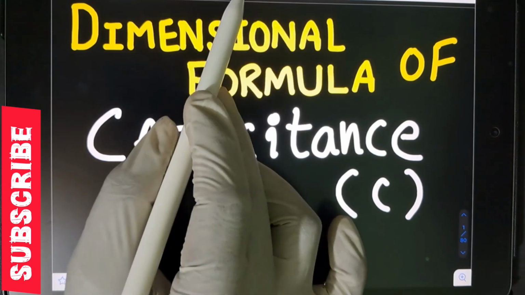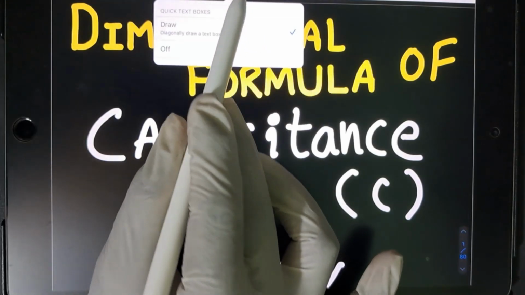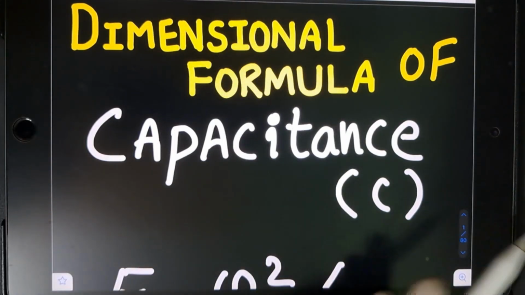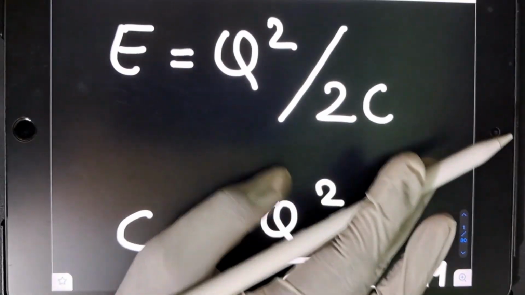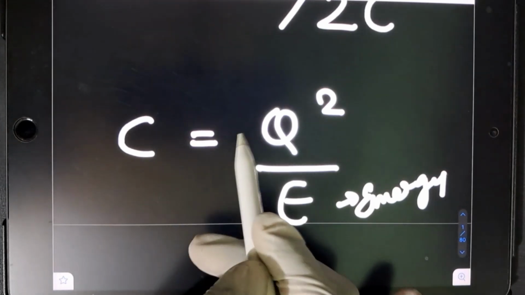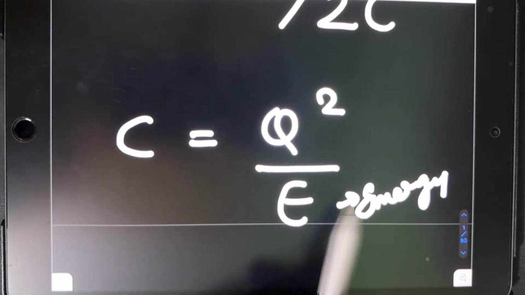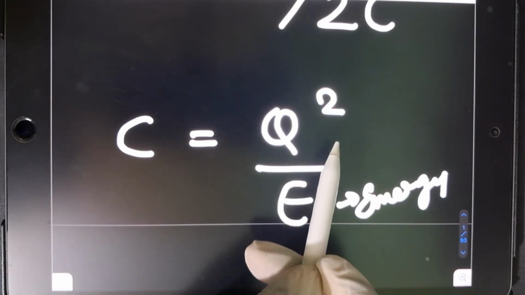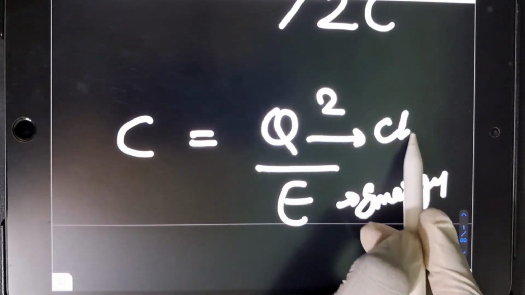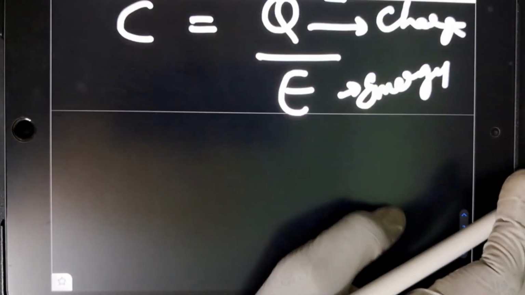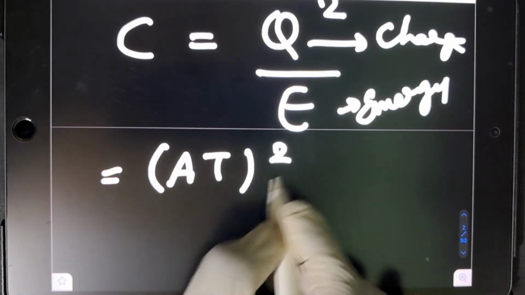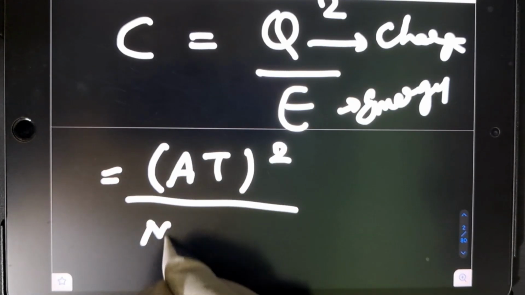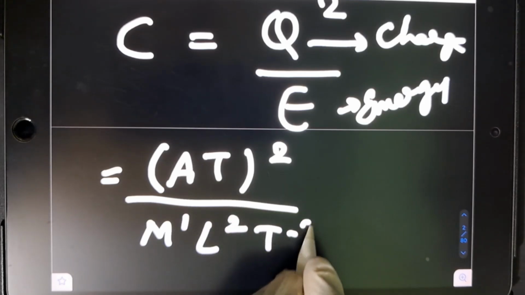To find the dimensional formula of capacitance denoted by the letter C, we know that E is equal to Q square by 2C. So C is equal to Q square by E. Here E represents energy, Q represents charge. Charge is equal to current into time. So Q is equal to A into T. So Q square by energy M power 1, L power 2, T power minus 2.